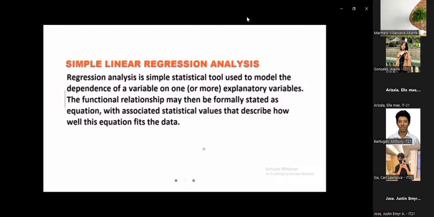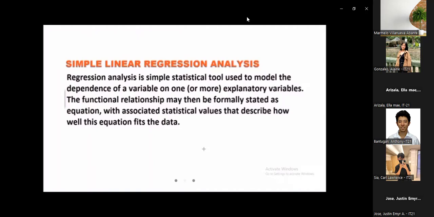So regression analysis is a simple statistical tool used to model the dependence of a variable on one or more explanatory variables. The functional relationship may then be formally stated as an equation with associated statistical values that describe how well this equation fits the data.